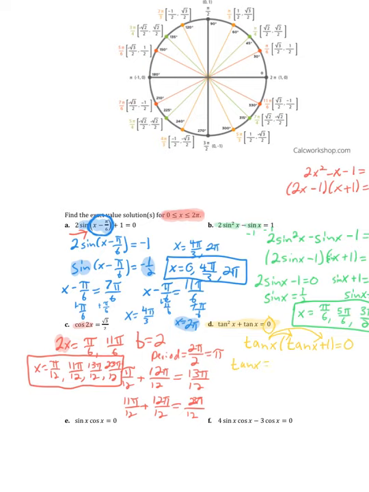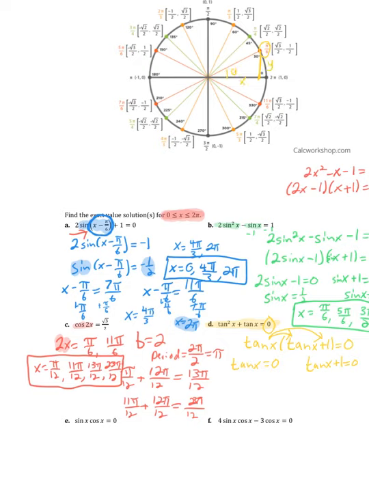One of them is going to be tangent of x equals 0. The zero product property allows me to do this. The other one is tangent of x plus 1 equals 0. Now I have tangent of x equals 0. Well, where's tangent going to fall if I'm looking way up here? If I'm looking at this very first point where I have pi over 6, remember the tangent was y divided by x, right?